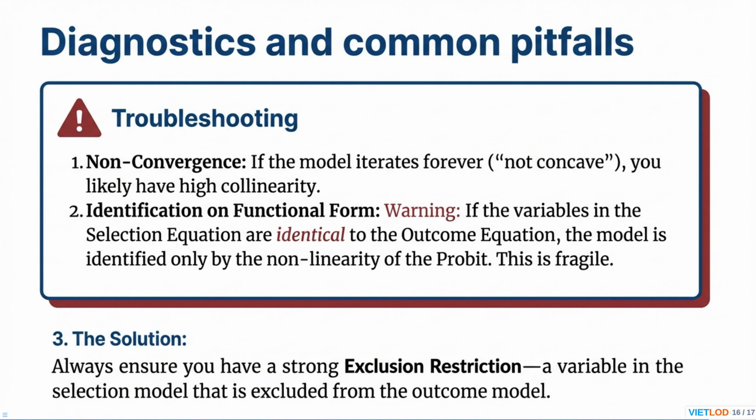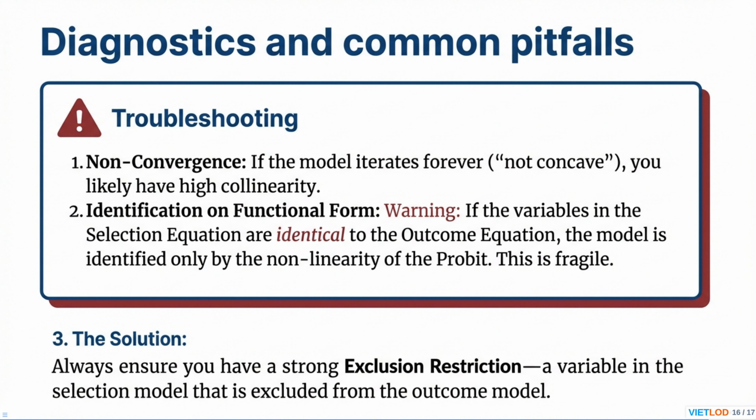We've covered the mechanics of the Heckman model, but it's crucial to be aware of common pitfalls that can undermine your analysis. One frequent issue is non-convergence. If the model's estimation process iterates endlessly, often described as not concave, it's usually a sign of high collinearity among your independent variables.